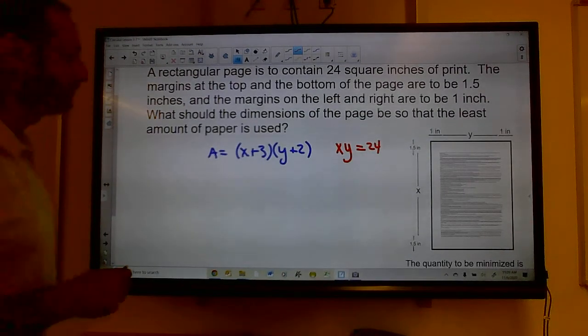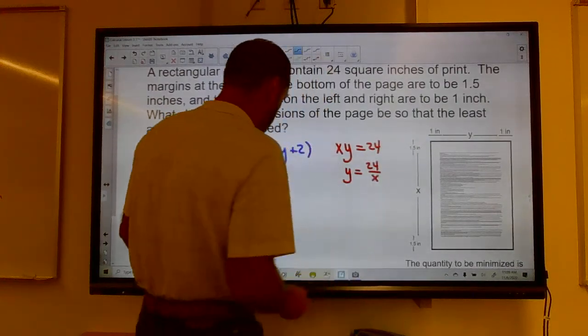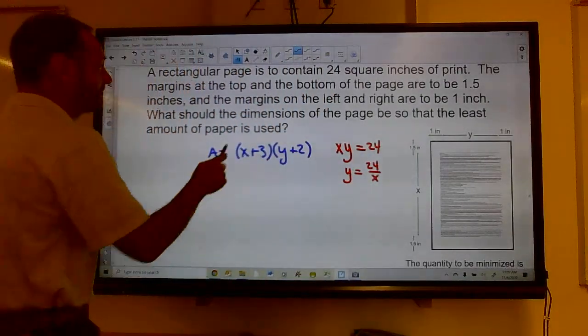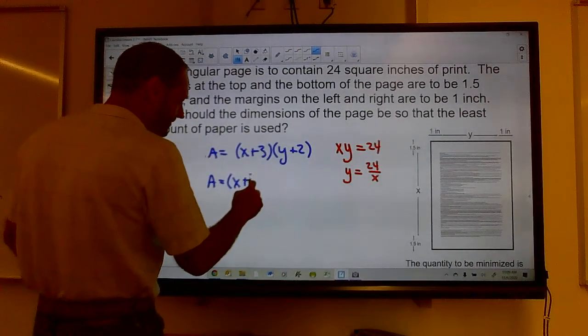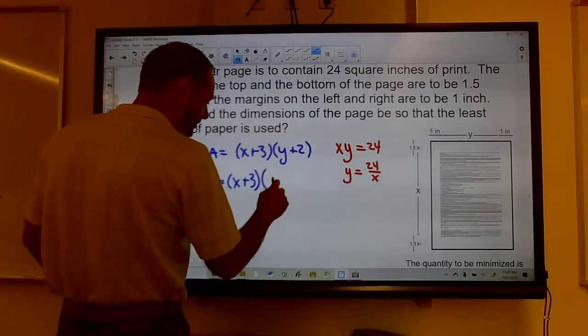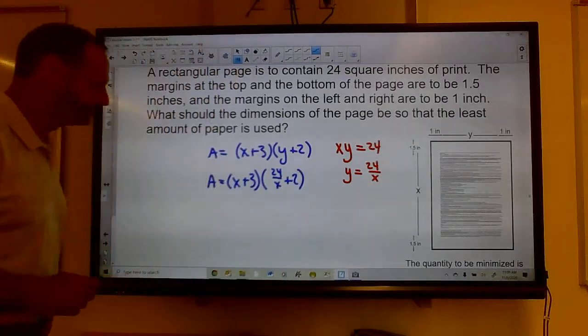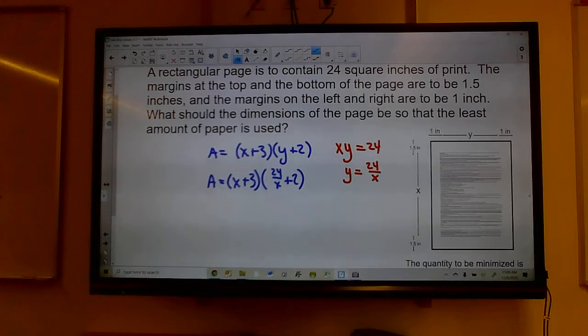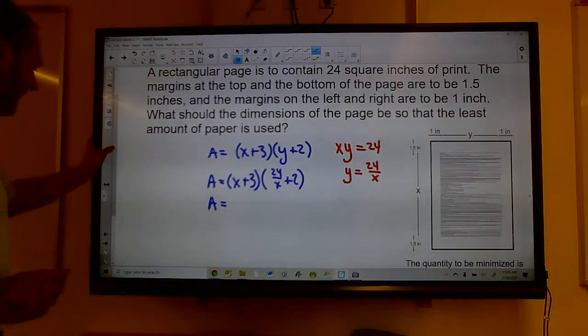Okay, so I'm going to go ahead and solve for Y. Y is going to be 24 over X. And now I can substitute that into this equation here. Area is going to be X plus 3 times 24 over X plus 2. And it would be really helpful to multiply that out. And so I go ahead and FOIL that.